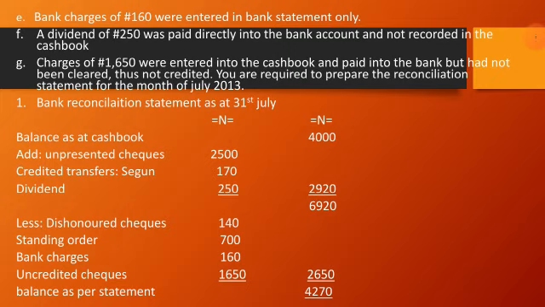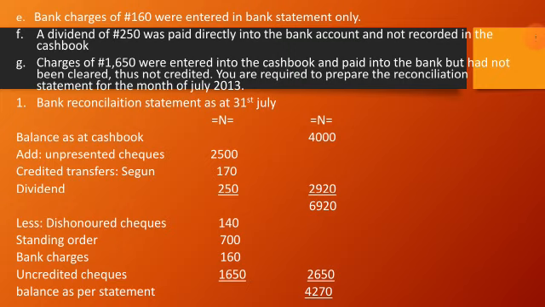Unpresented checks represent checks the firm has already given out to customers, but they've not taken such checks to the bank. Such entries have been made on the cash book, but the customers are still holding on to such checks, and that is why we are adding it here. Then credit transfer.